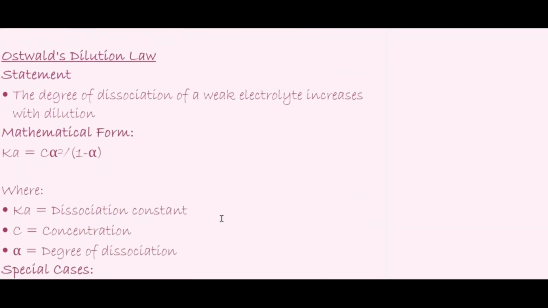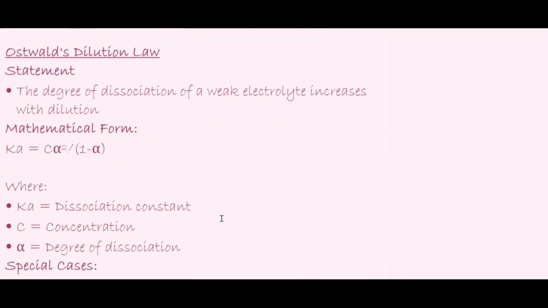That's what Ostwald's dilution law talks about. It says the degree of dissociation of a weak electrolyte increases with dilution. If I am adding more and more water, the dissociation will increase.